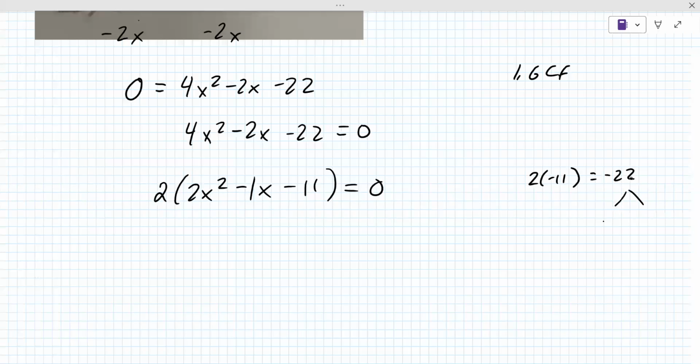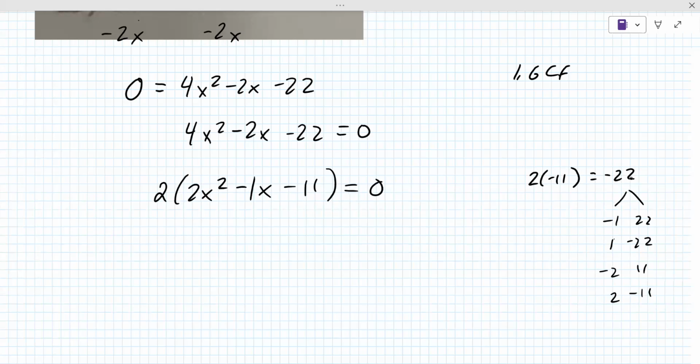Negative 22 has a limited number of factors. Do any of these add up to negative 1? No. So here's your alternative: quadratic formula or completing the square. Do you have a preference? Probably completing the square would be easier.